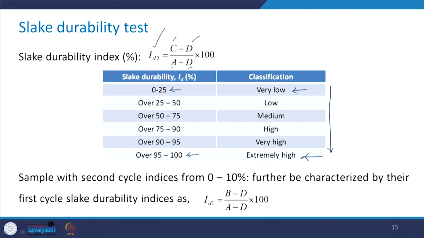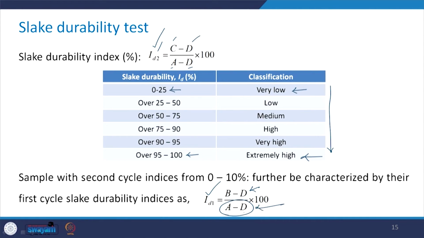If this ID2 works out to be between 0 to 10%, this can further be classified by the first cycle. So, you see that in that case you will have ID1, which is (B minus D) by (A minus D) multiplied by 100. Take a note here, what is this A minus D?